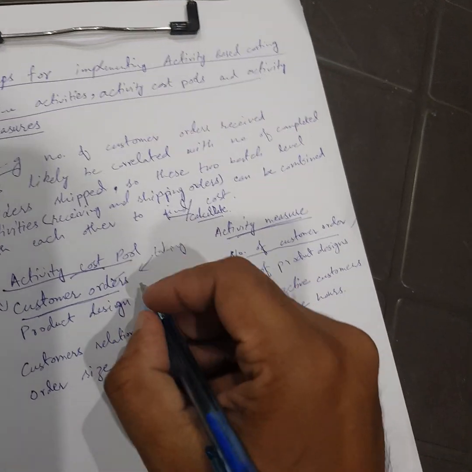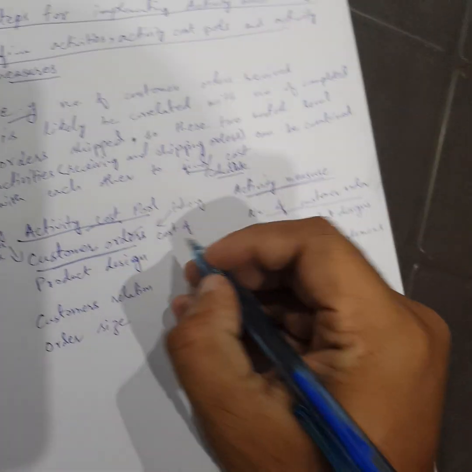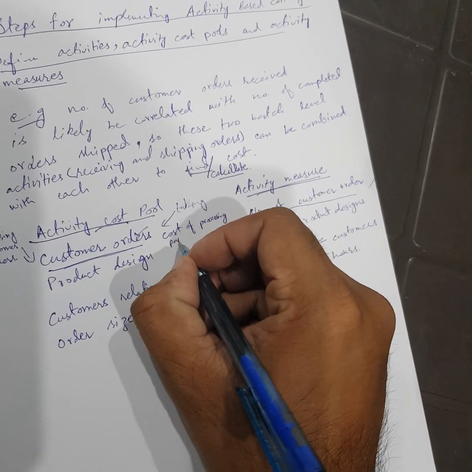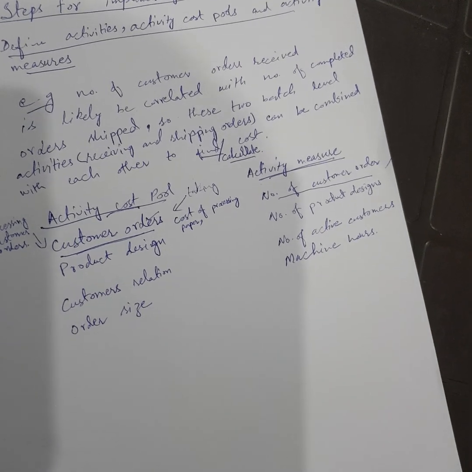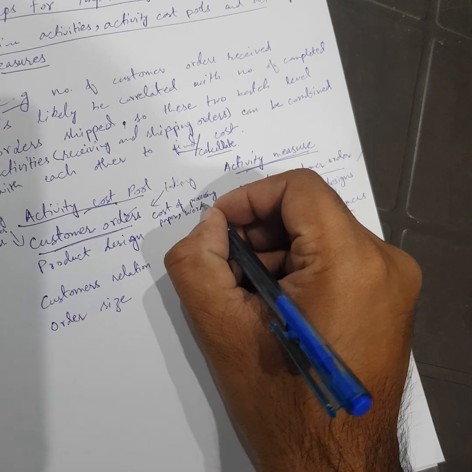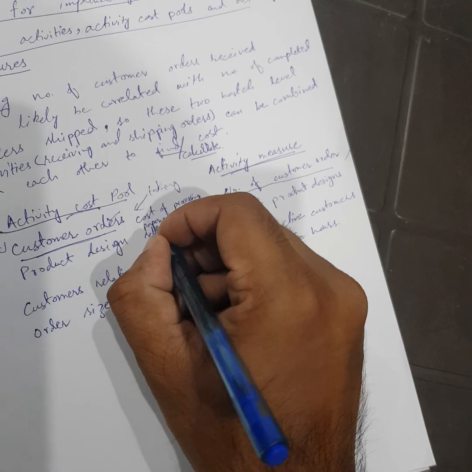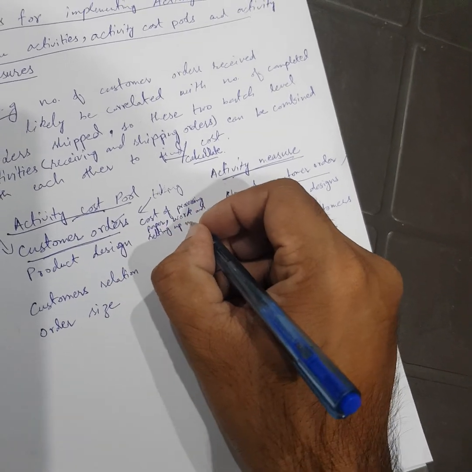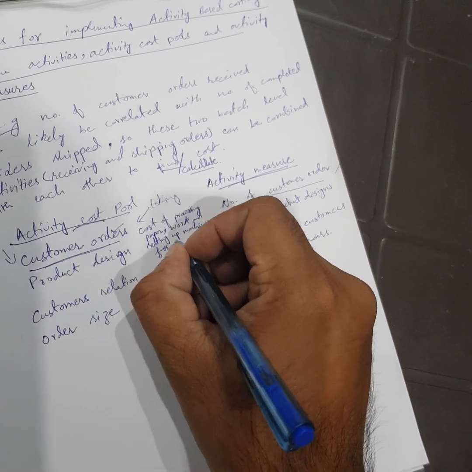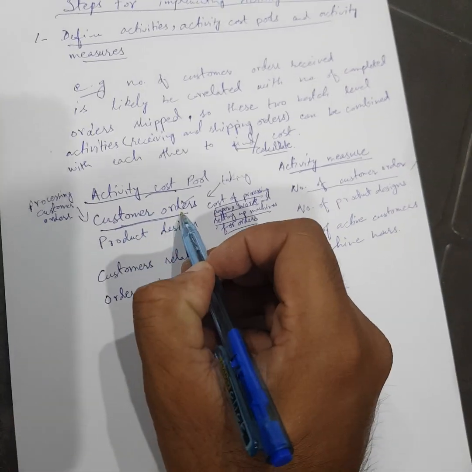It includes the cost of processing paper work and setting up machines for orders. All these types of costs will be included in the customer order cost.